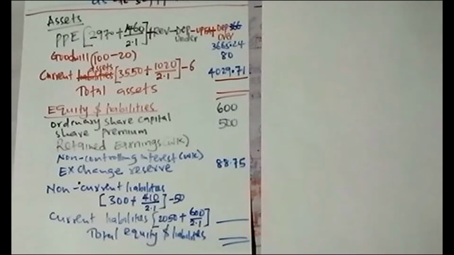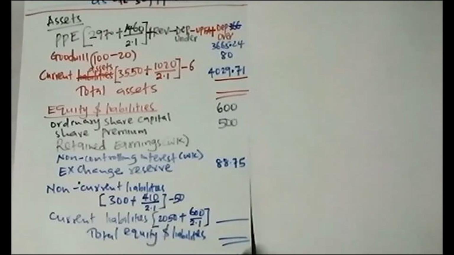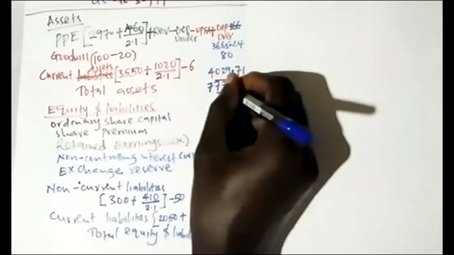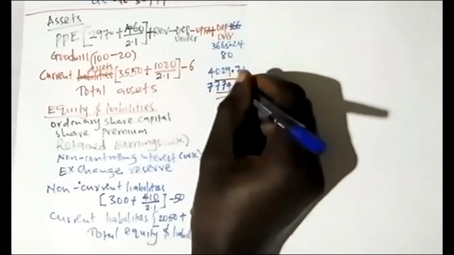So if I take the total assets, because there's nothing missing under assets, 3665.24 plus 80 plus 4029.71, I'm getting 7774.95.